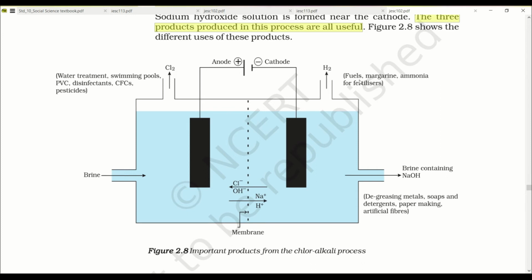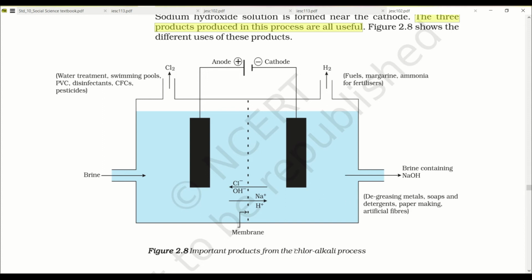Hydrogen is used as fuel, margarine, ammonia for fertilizers, and so on. This blue colored part is brine, which on electrolysis, that is passing electricity through it, produces sodium hydroxide, which is used in degreasing metals, soap and detergents, paper making, artificial fibers.